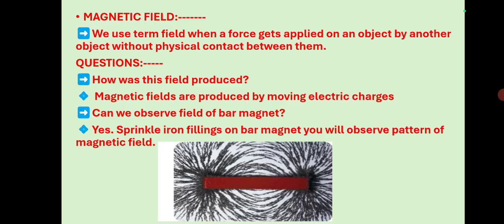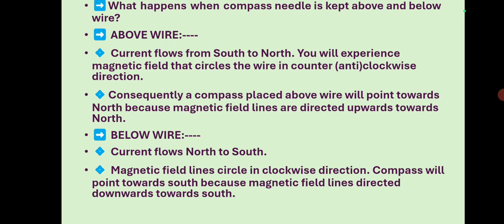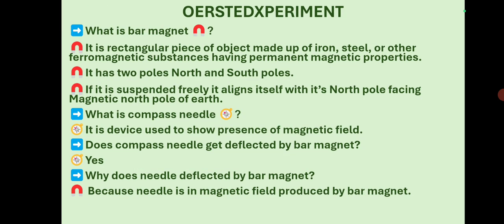These are very strong magnets, with very strong magnetic properties. Examples: iron, steel, cobalt, nickel, etc. are ferromagnetic materials. Magnetic materials means those which produce a magnetic field.